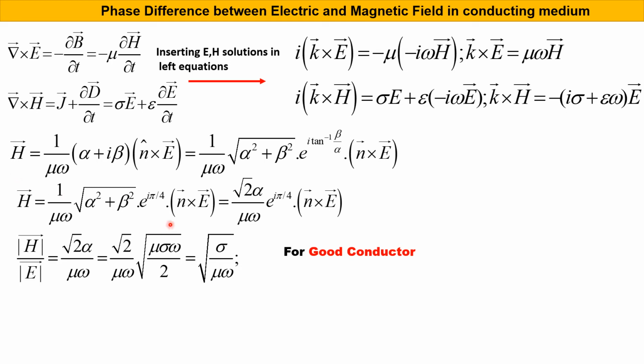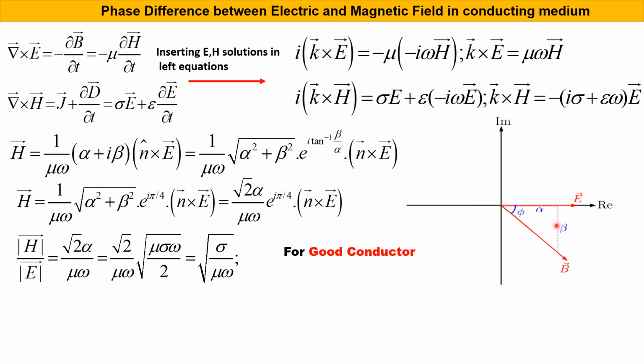Pictorially you can imagine the imaginary plane and the real plane. The electric field vector is on that side, the magnetic field vector will be on that side, and there will be a phi angle between them. This is alpha, on the real axis, and this is beta, on the imaginary axis.